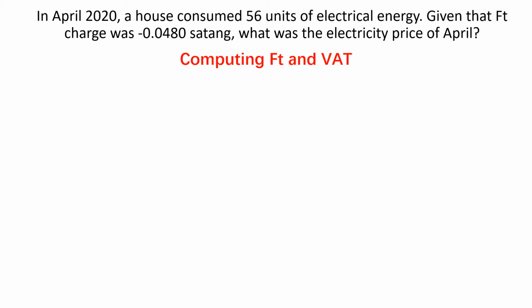Now, the next thing that we have to compute is your FT and your VAT. So let me just write here our base tariff. The base tariff is 181.81 baht. Okay, so let's use this side to compute your FT and then your VAT. In our given example here, the FT is minus 0.0480 satang. So how to get your FT charge?